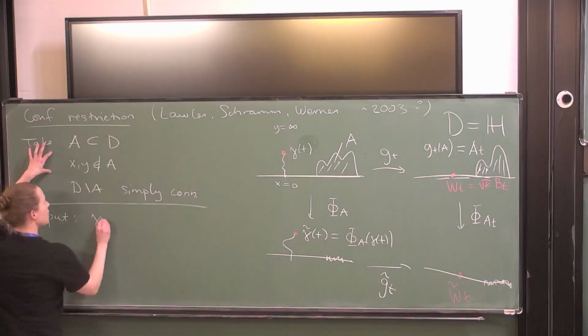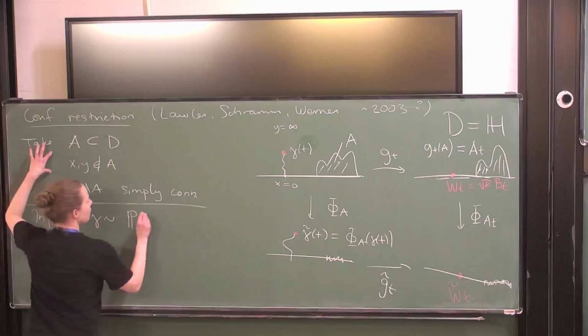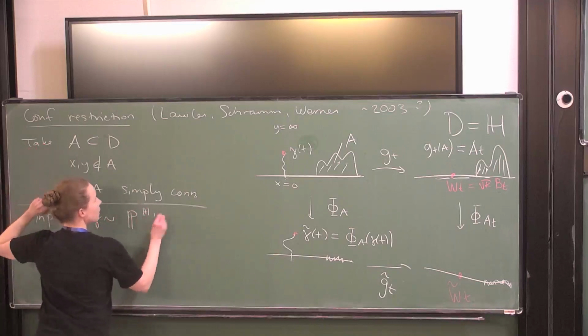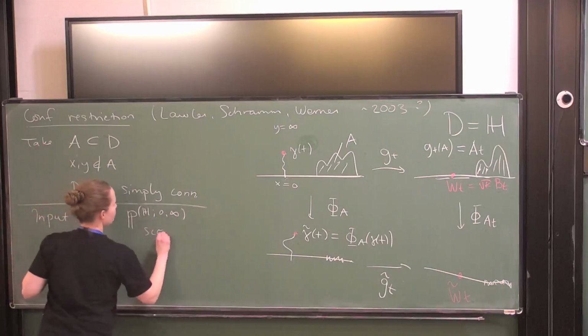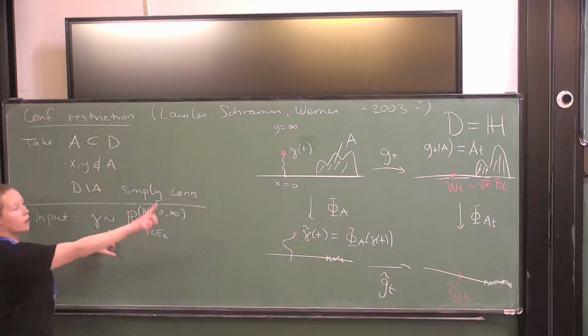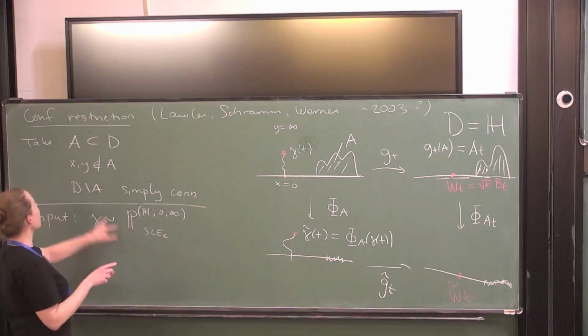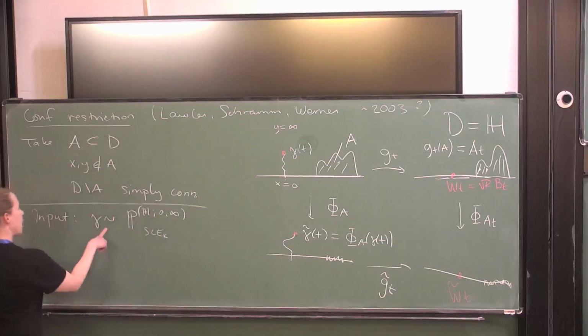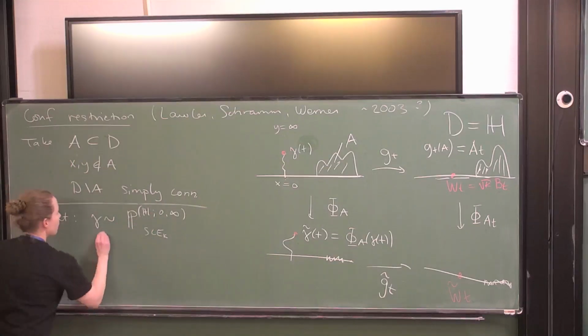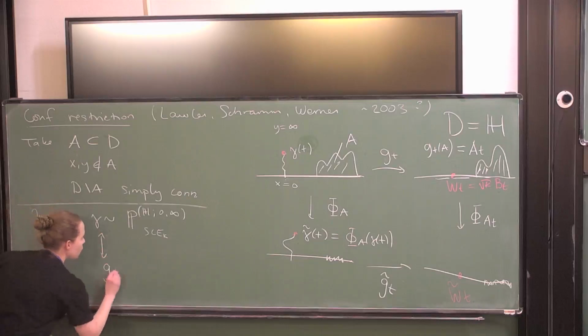So input is that gamma is this SLE curve in the half plane now. SLE kappa. I know it's a random curve like that. And I have input which is A. And to this one, I have associated evolution GT.